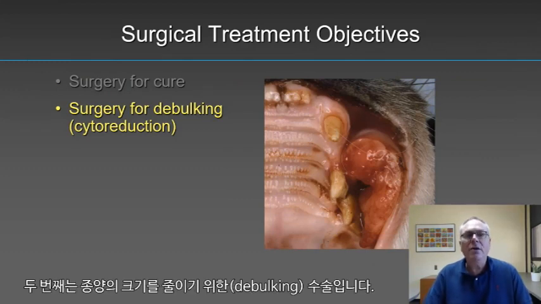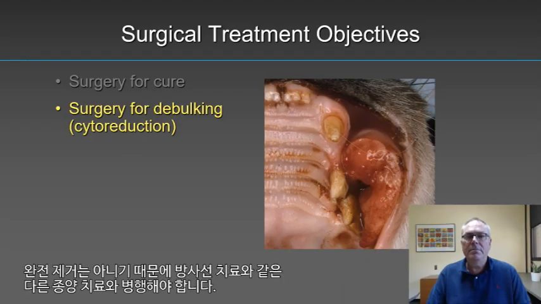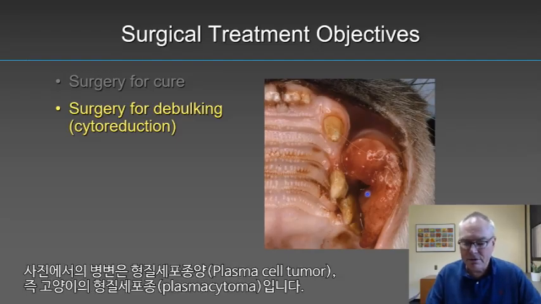A second option is surgery for debulking, which means that you remove the bulk of the tumor, the prominent part of the tumor, but that is never the sole therapeutic modality. Surgery for debulking always has to be followed up with something else, for example, radiation treatment. This particular tumor is a plasma cell tumor, also known as a plasmacytoma, in a cat.